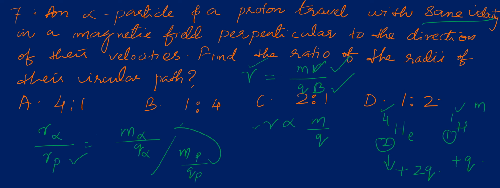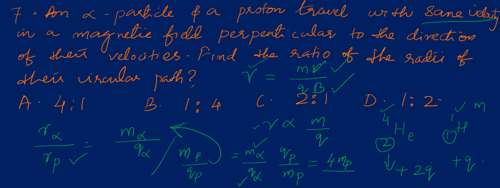We can rearrange this equation, that is we can cross multiply this, then we will get m alpha divided by q alpha. When it goes to the numerator, this will get reversed. So q of proton divided by mass of proton. Mass of alpha is 4 times mass of proton divided by q of alpha.